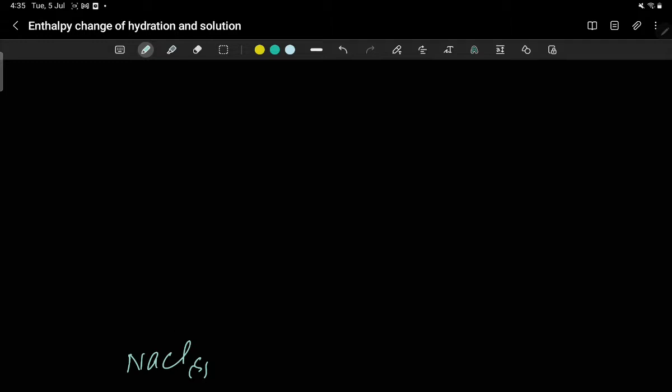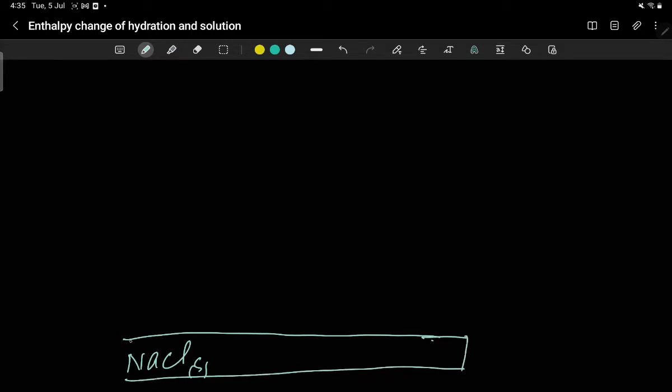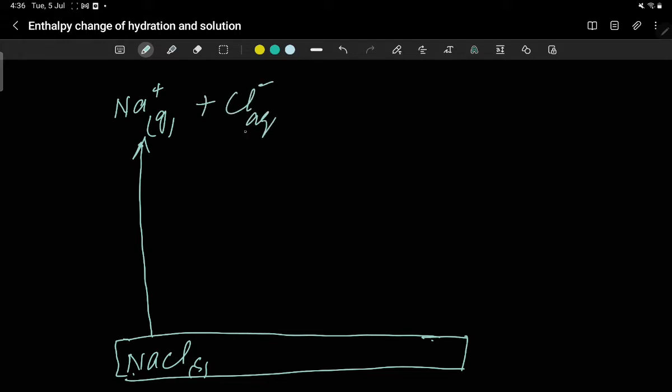Sodium chloride solid is formed from sodium gaseous plus chloride gaseous.